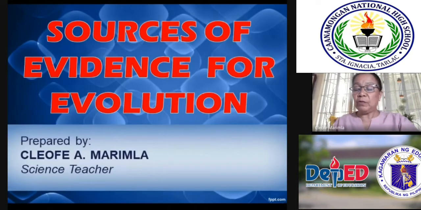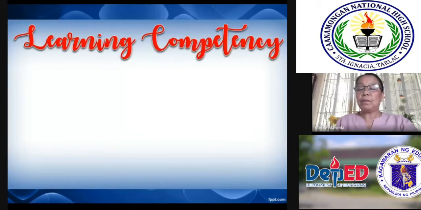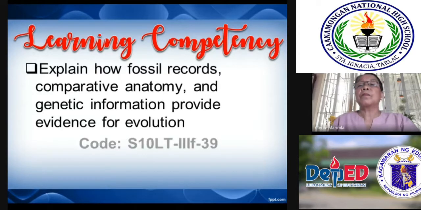We are now ready to start with Module 5, Lesson 1, entitled Sources of Evidence for Evolution. Our learning competency: explain how fossil records, comparative anatomy, and genetic information provide evidence for evolution.